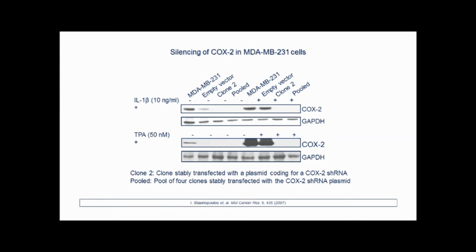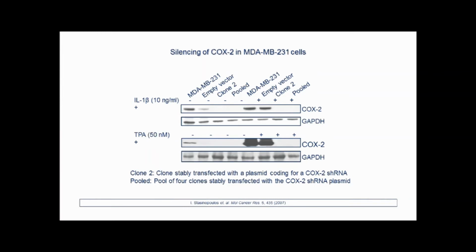And here you can see that MDA231 cells, when they're exposed to this inflammatory agent interleukin or TPA, show this robust COX-2 expression. But if you take cells that express short hairpin RNA against COX-2 and then expose them to TPA or interleukin, you see no expression of COX-2 in these cells.